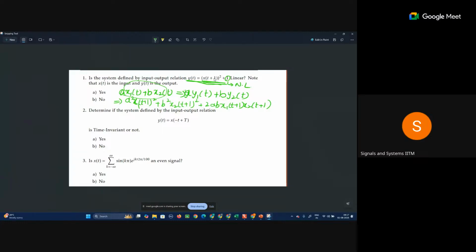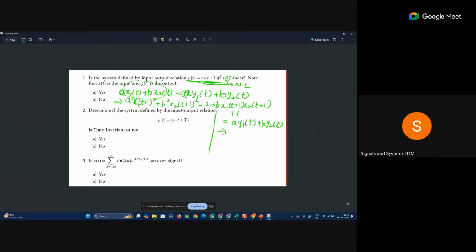I have used the a plus b whole square form, that's why we got this, and we'll keep it as 1. So this will be the expected output for a y1 of t plus b y2 of t.